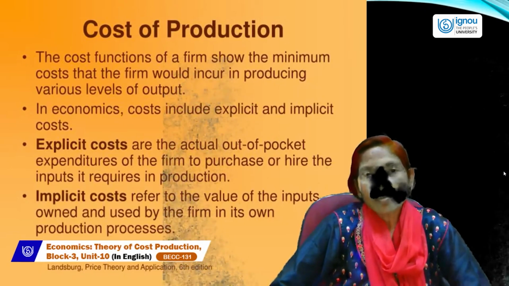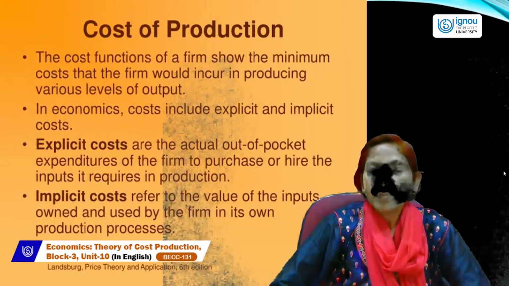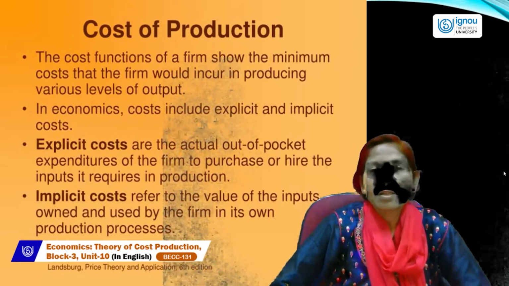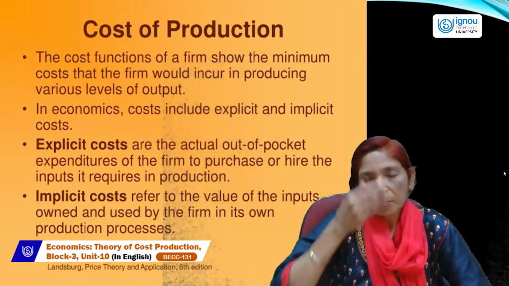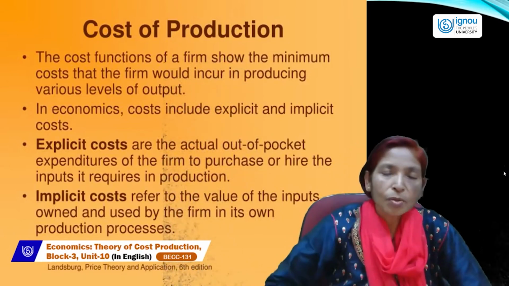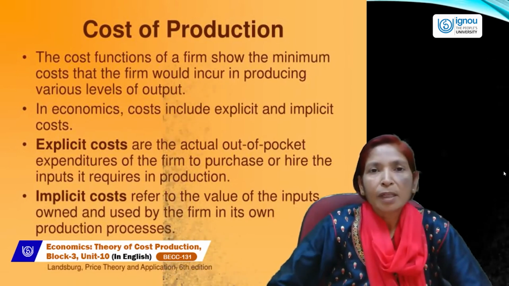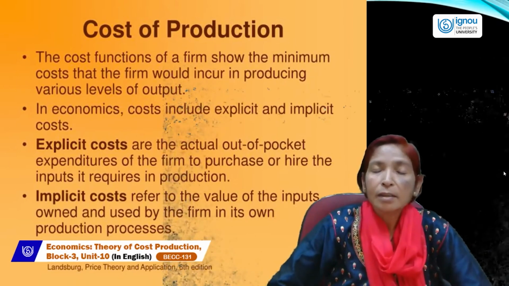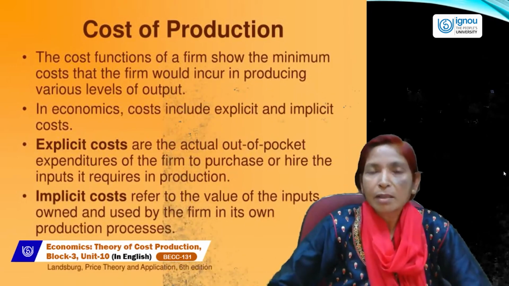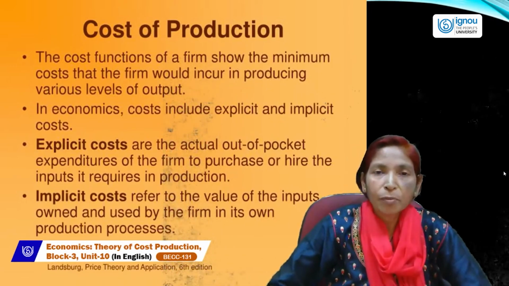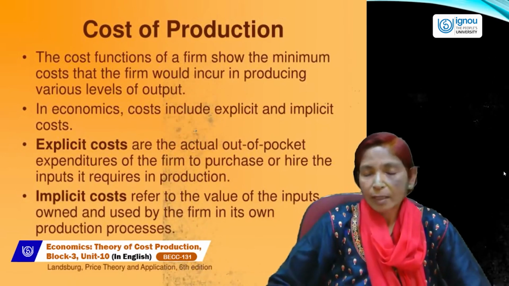If any factor of production is used by the owner of the company or any business entrepreneur, if he uses all the factors of production from his own resources, then he will not pay directly to himself. But if he hires these factors of production from outside or other sources, then he must pay amounts to the hired factors.